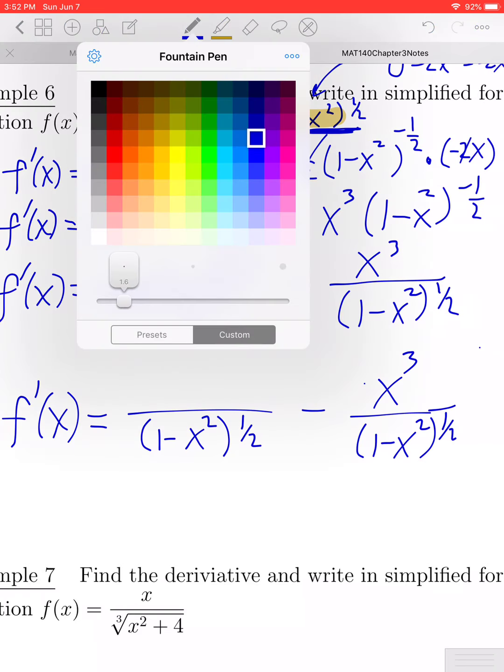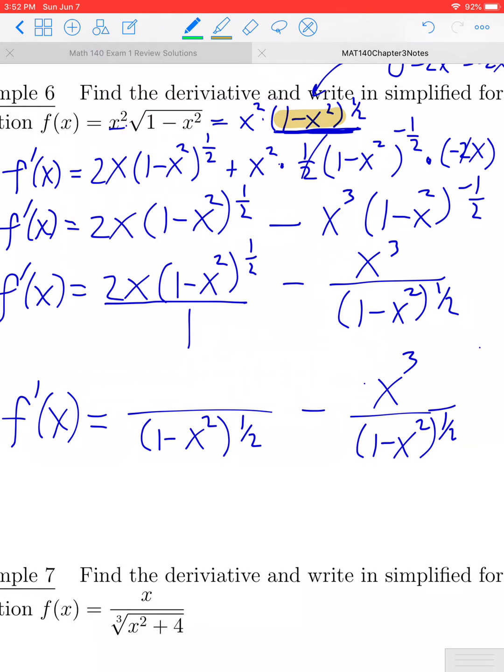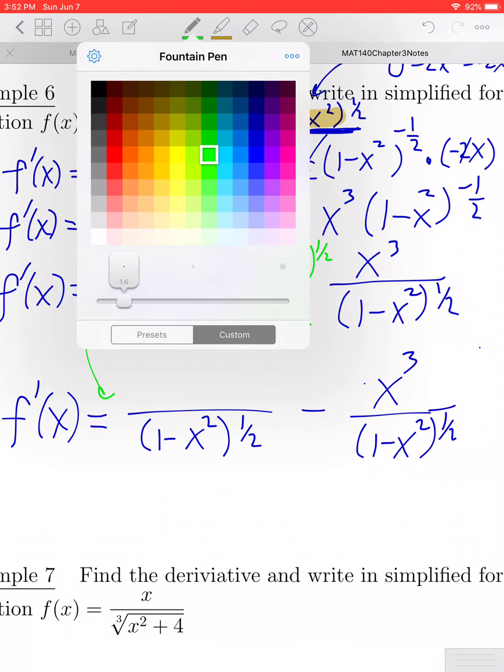But for this first one, to go from here to here, we would need to multiply the bottom by 1 minus x squared to the 1/2, which means that we also need to multiply the numerator by 1 minus x squared to the 1/2. That's how we get our common denominator.